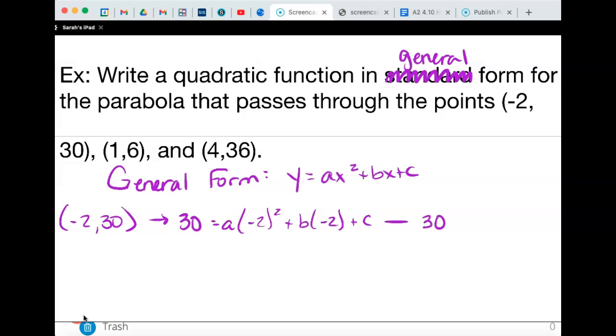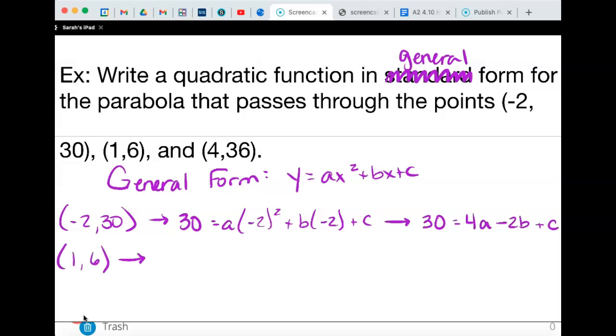But I can rewrite negative 2 squared, which is 4a. And then instead of b times negative 2, I'm just going to write it as negative 2b. And then plus c. So that's 1 point down. Have it solved for a, b, or c. Like I can't do anything with that equation. Not helpful.